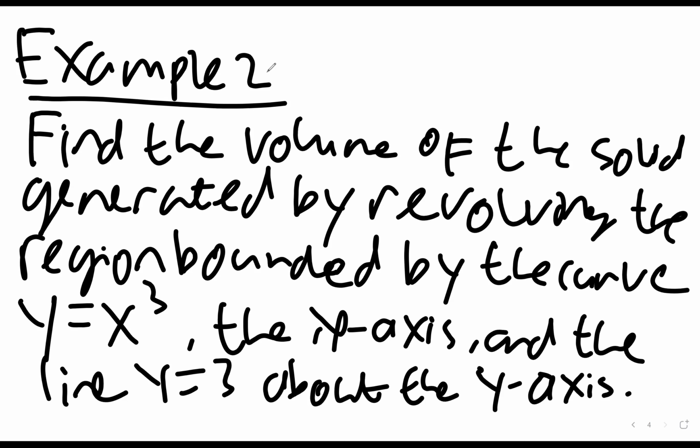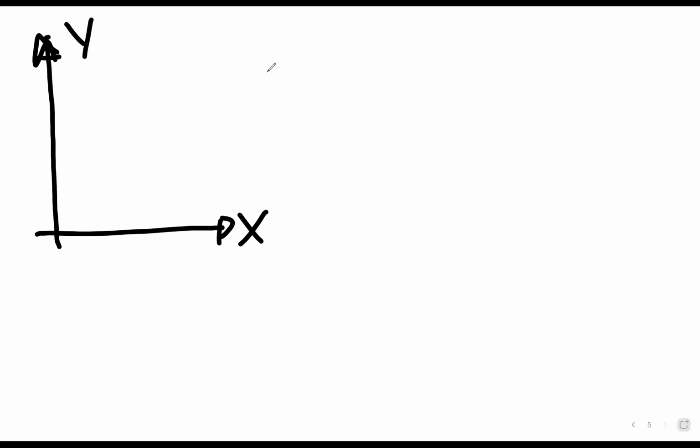Okay, so in this case, first, let us sketch the region. So x and y, we have this curve y equals x cubed, and then suppose that we have the line y equals 2 here.